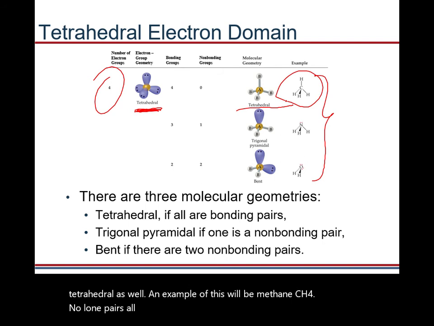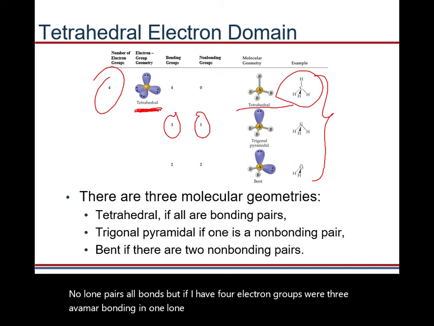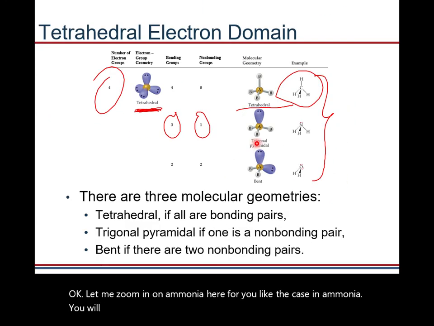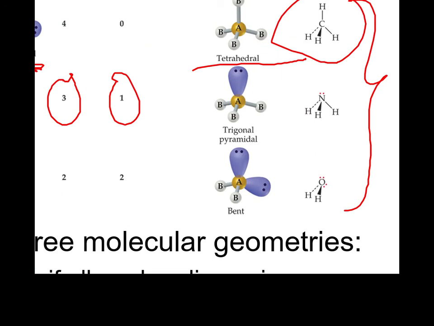But if I have 4 electron groups where 3 of them are bonding and 1 lone pair, like the case in ammonia, okay, let me zoom in on ammonia here for you. Like the case in ammonia, right here, you have 1 lone pair, 3 bonds, it'll give us trigonal pyramidal with a bond angle less than 109.5.